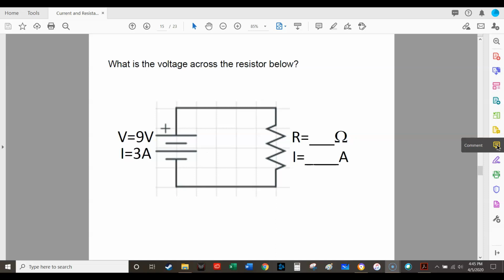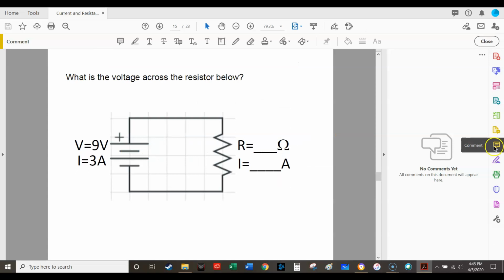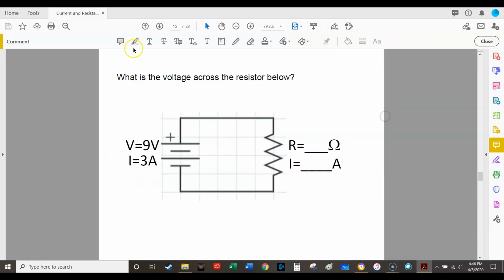You go to comments right over here, you click it, and now this second menu pops up. On the second menu is the ability to draw a text box, to actually use a drawing tool, to erase anything that you've done, and also shapes. And here you could draw little vectors, create little lines, things like that.